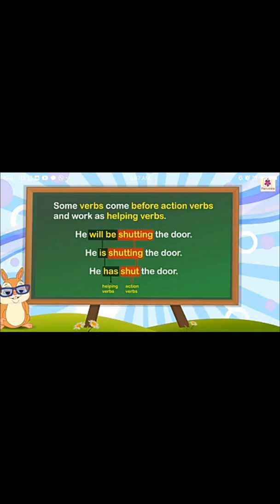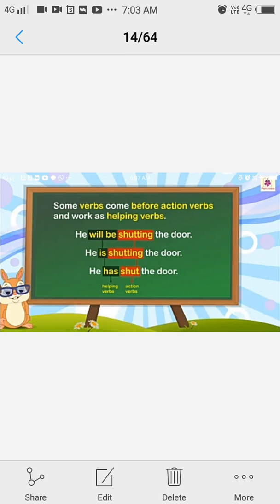Shutting, in second also shutting, and third is shut. So these shutting and shut are action verbs. They are showing action. And what is the linking verb here? The linking verb is in the first sentence will be, in second is, in third has. As the linking verb is connecting the subject to the action verb, that's why these are linking verbs.